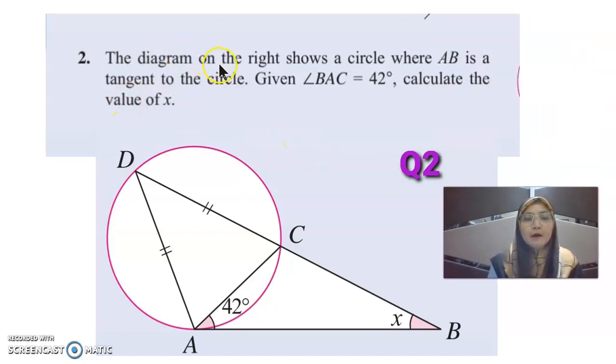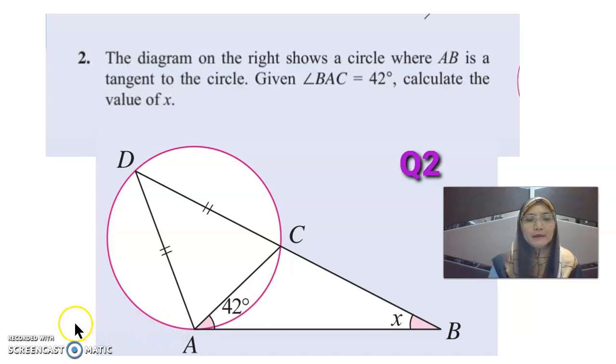The diagram on the right shows a circle where AB is a tangent to the circle. Given that angle BAC is 42, calculate the value of X. You are given a tangent AB.